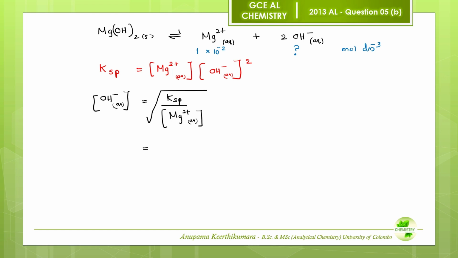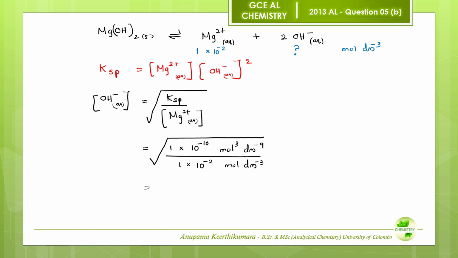Now substitute values into this equation. 1 times 10 to the negative 10 mol cubed dm to the negative 9, divided by 1 times 10 to the negative 2 moles per cubic decimeter.